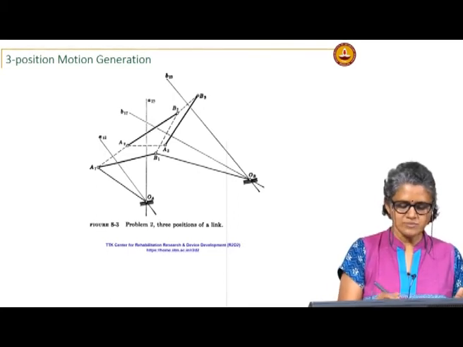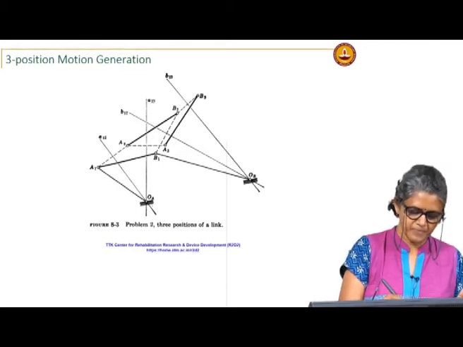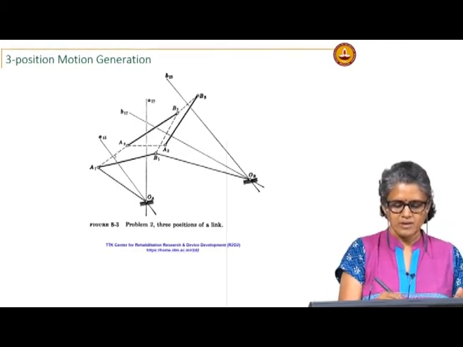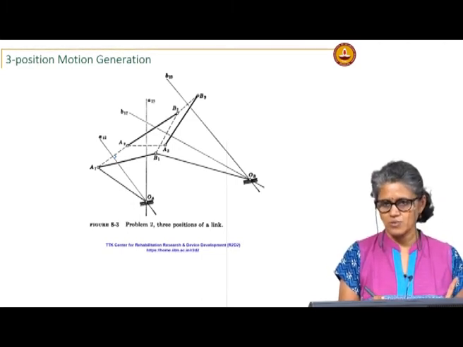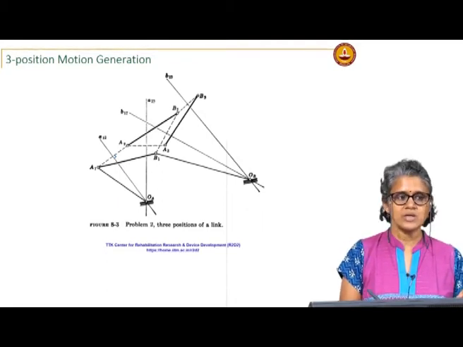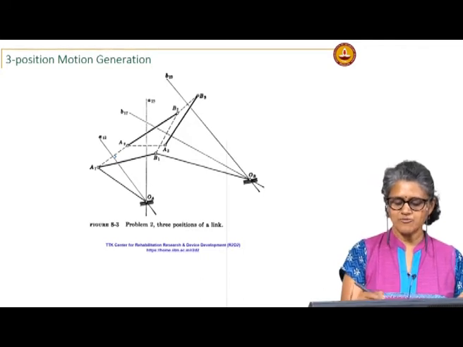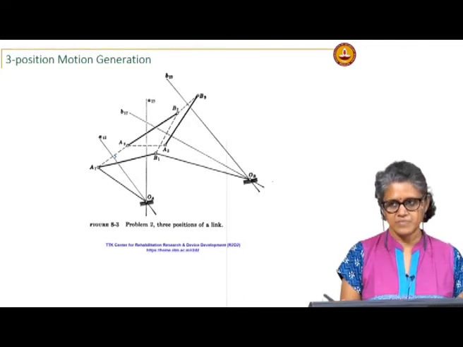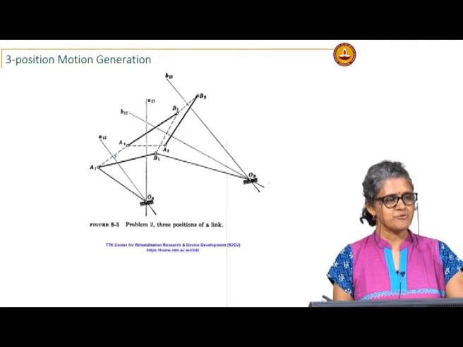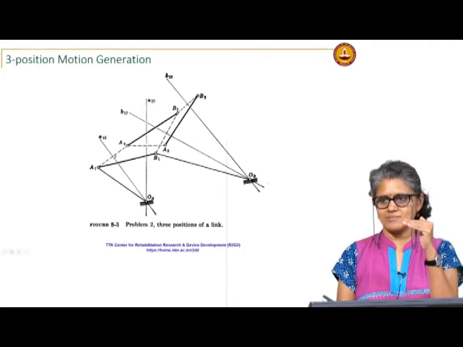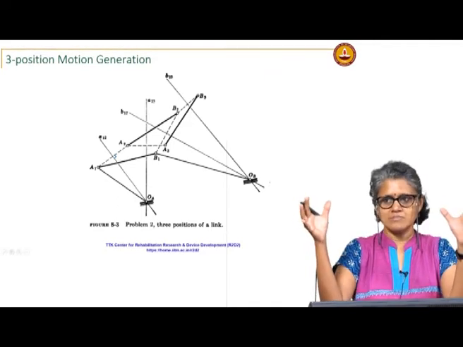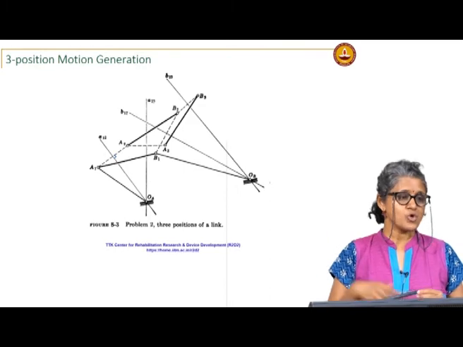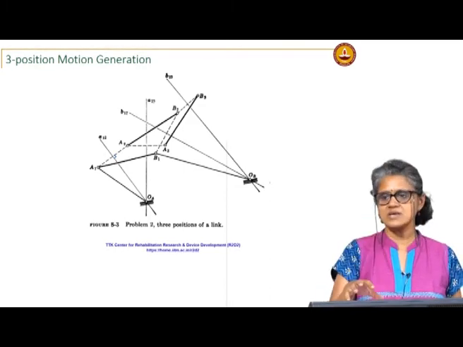So, A1 A2 perpendicular bisector, A2 A3 perpendicular bisector, they will only intersect at one point. So, now this becomes a unique solution. Similarly, for B1 B2 B3. So, if you specify one more position for the coupler, you have gone from so many solution options to a single solution.